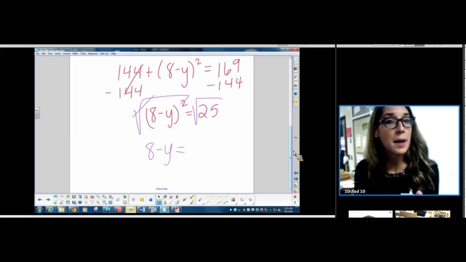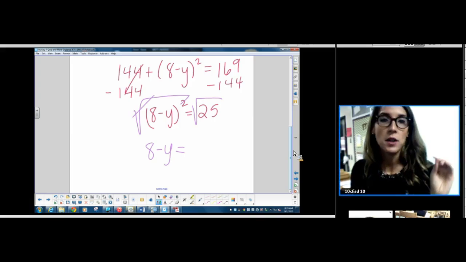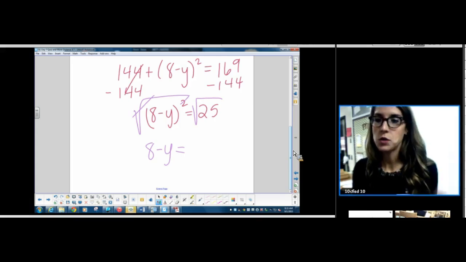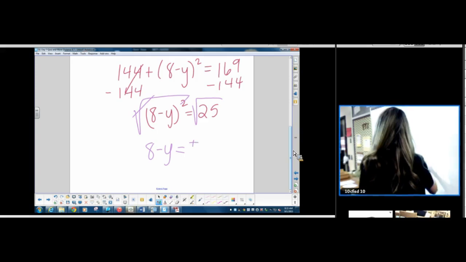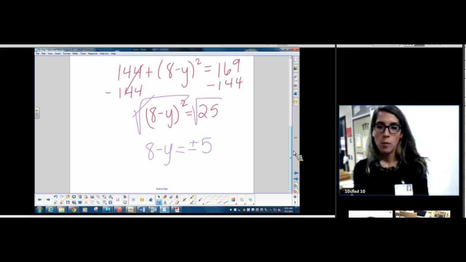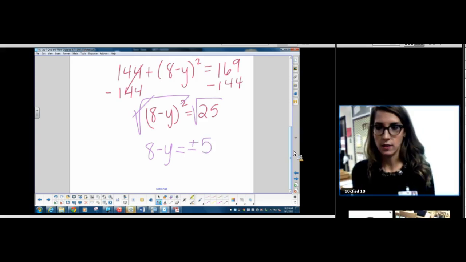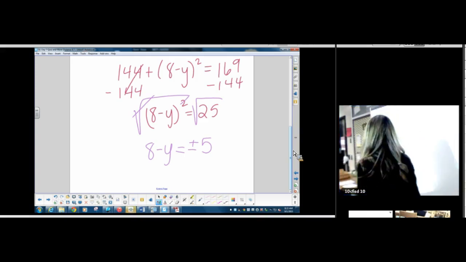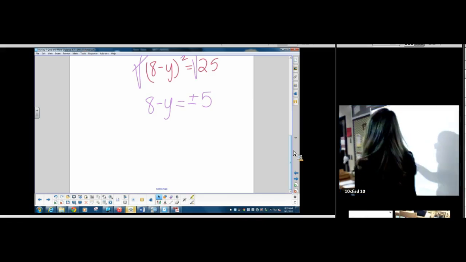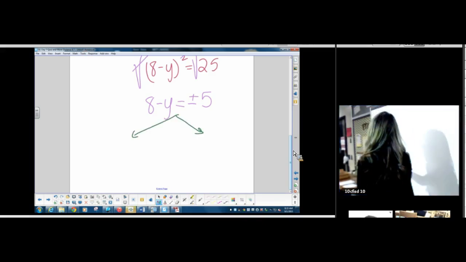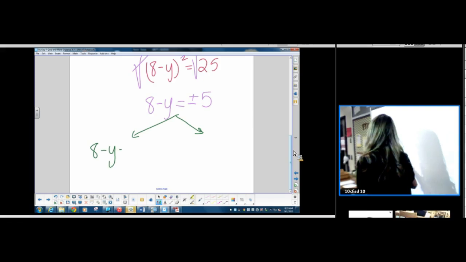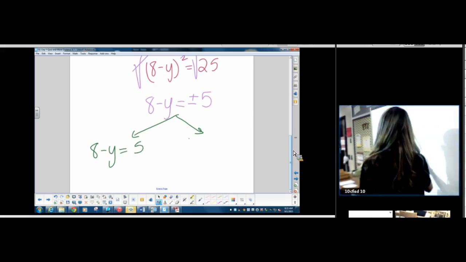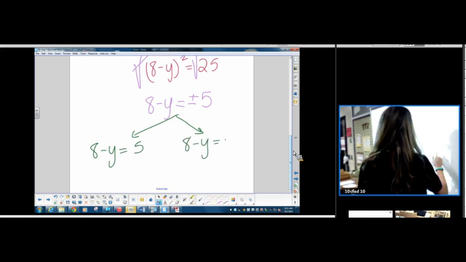Now, this is the tricky part, and most of you did not realize this. The square root of 25 is not just 5. The square root of 25 is positive and negative 5, plus or minus 5. So now we get to solve two equations: 8 minus y equals 5, and 8 minus y equals negative 5.